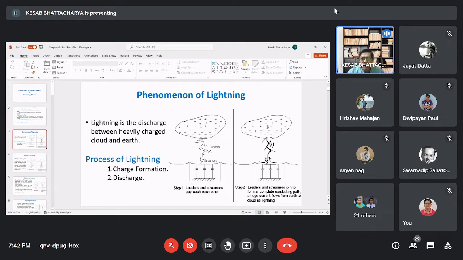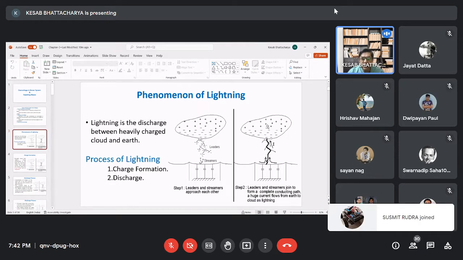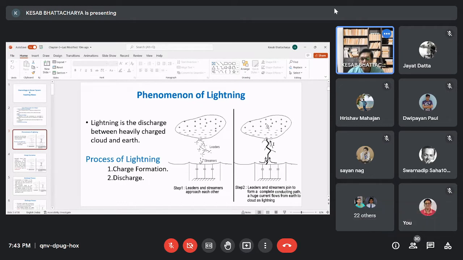And we shall discuss one of the theories which, in the majority of cases, is used to explain the phenomenon of lightning. Now, what is lightning?